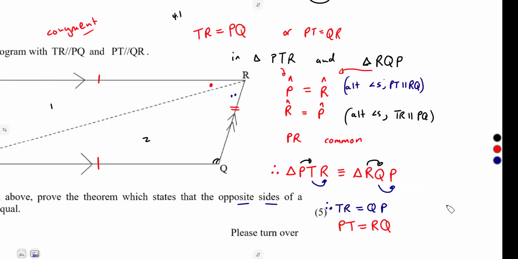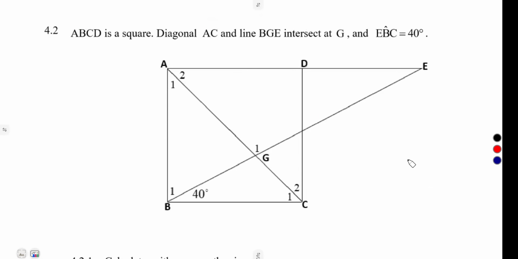So hence, opposite sides of a parallelogram are equal. So that is what you can put into consideration from that. Once you have this, you can have it in any other manner that you want. So that is it. Let us move on to 4.2.